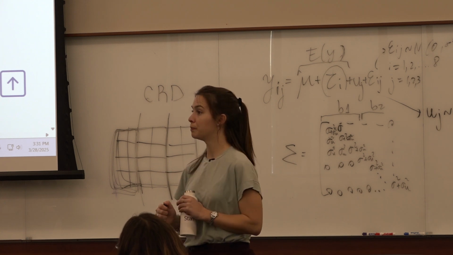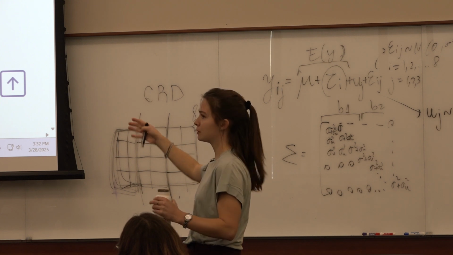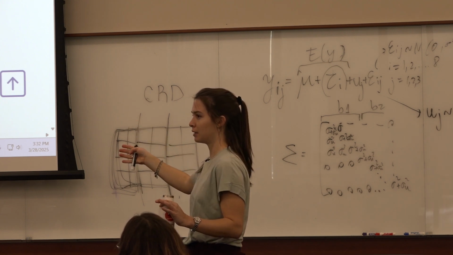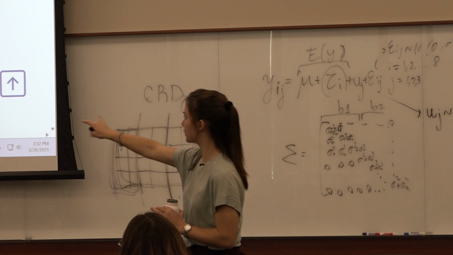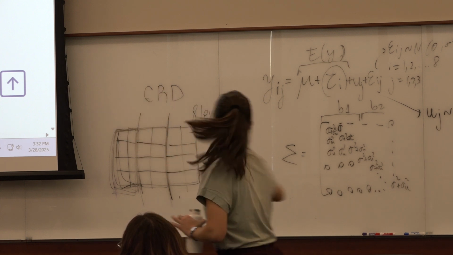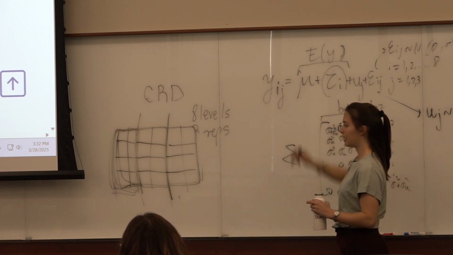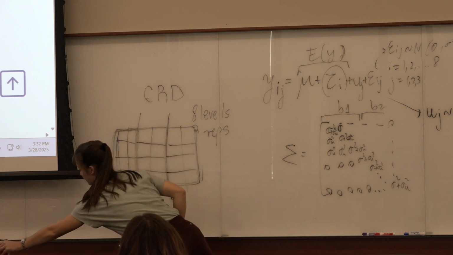Well, in this case, we don't really have slopes as such, because it's control, treatment A, treatment B. So it's this case where we have an overall mean, and this is how it would look.